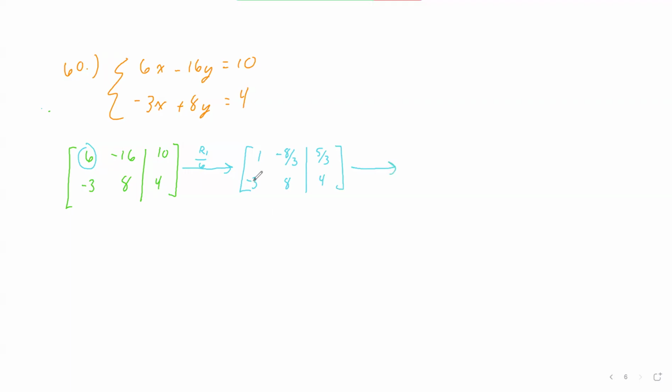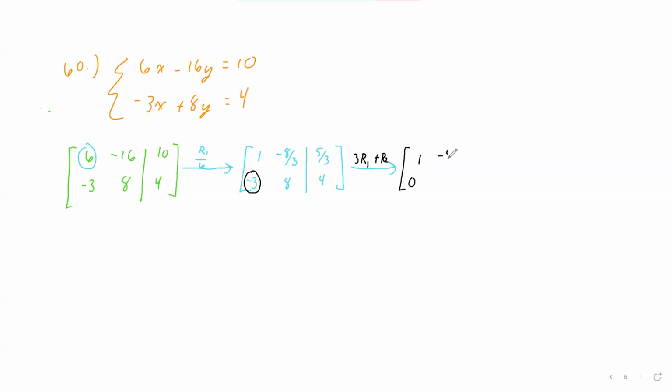And now I'm going to multiply by the opposite of this value to row 1, and I'm trying to get this to become a 0. So I'm going to do 3 times row 1 plus row 2. So this is 3 times 1, which is 3, plus negative 3, which is 0.